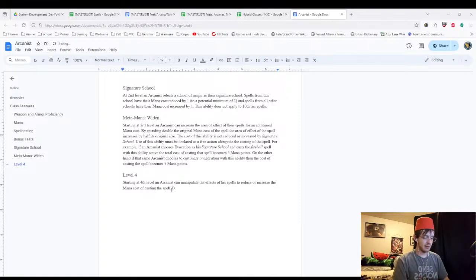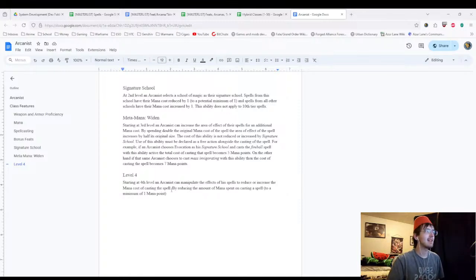Let's see. So by reducing the amount of mana spent, I didn't capitalize mana. You always need to make sure that you specify that you cannot go below 1. You cannot go below 1. You're not going to get any free casts out of here.